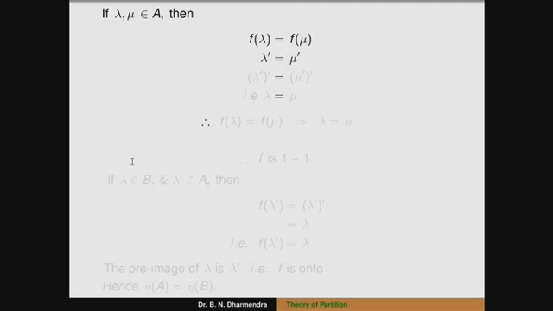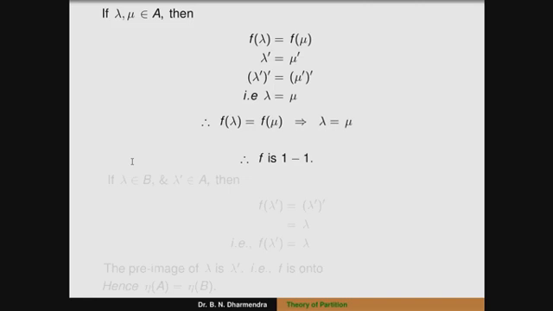Now taking the conjugate on both sides, the conjugate of lambda dash is equal to the conjugate of mu dash. Therefore lambda is equal to mu. So f of lambda equals f of mu implies lambda equals mu. Therefore f is one-one.